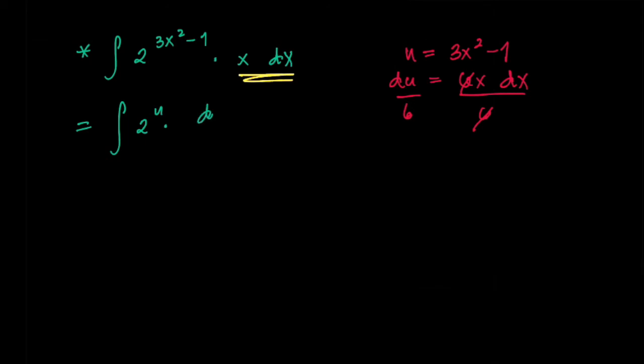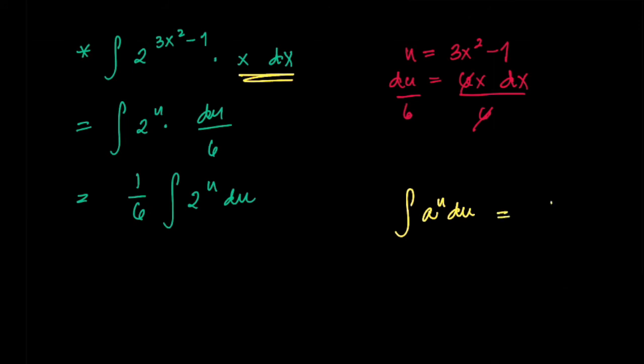So, du over 6. Pwede natin ilabas si 1/6. So, this becomes 2 raised to u du. Now, in integrating exponential function with a base that's constant, so the integral of a raised to u du, ang a natin is constant, is equal to a raised to u, so the same ulit, times the natural logarithm of a plus c.